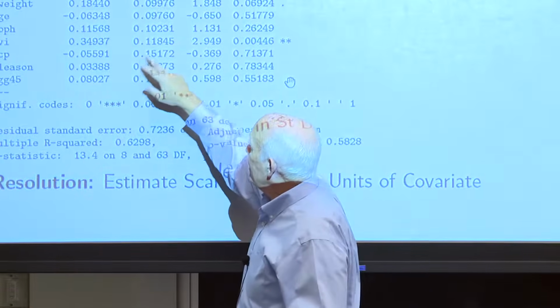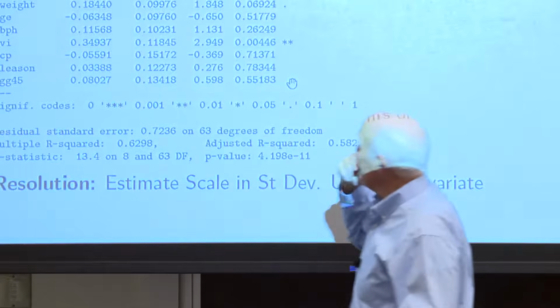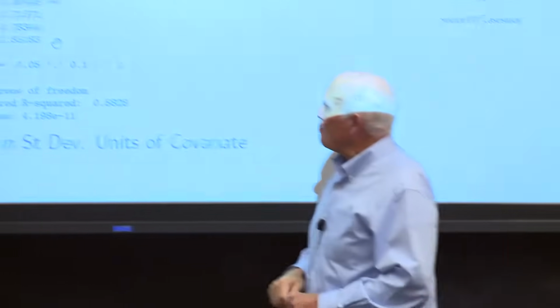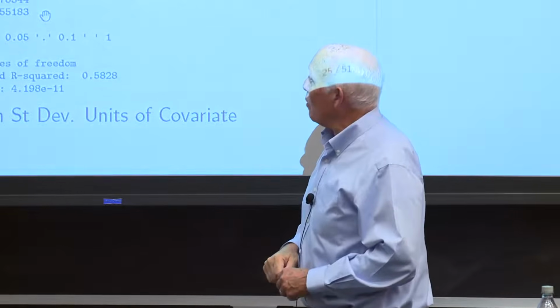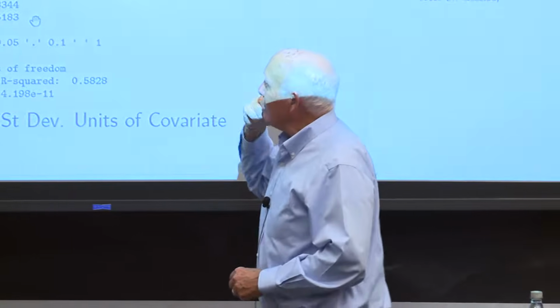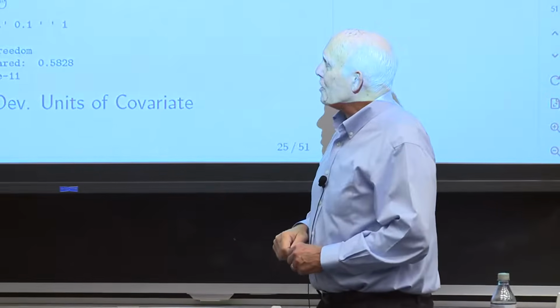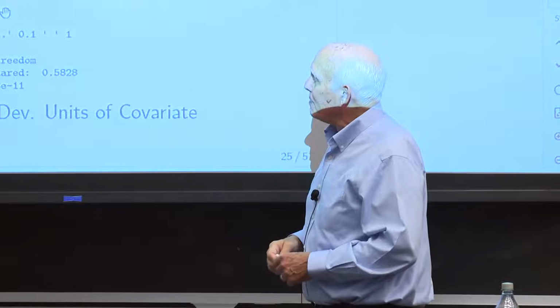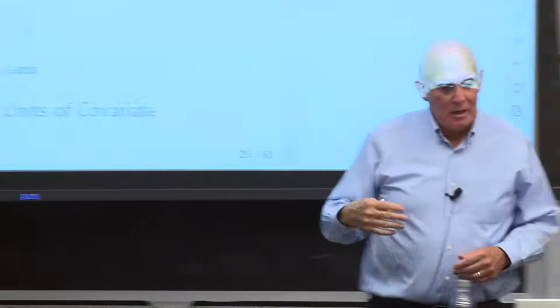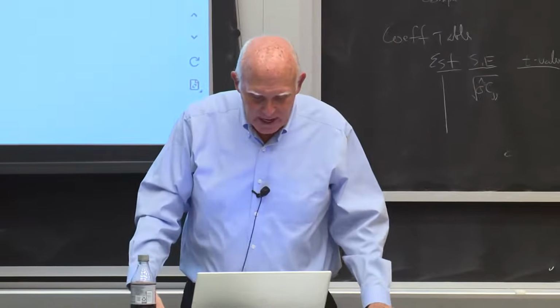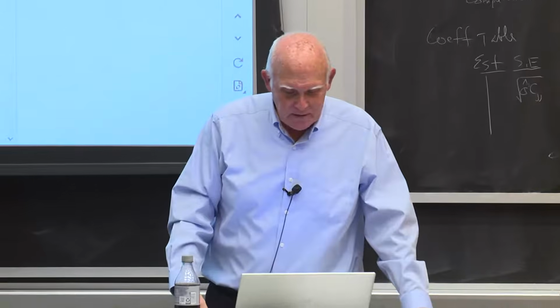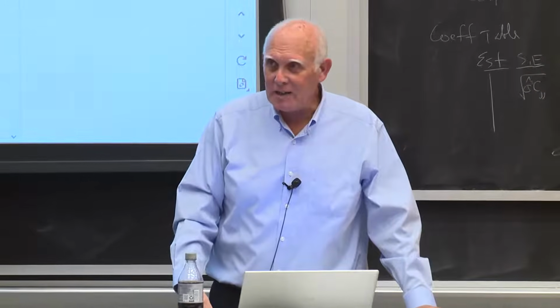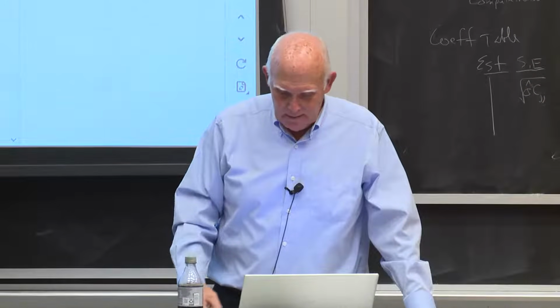If we have SVI with a z-score of 1, then it has a larger impact on the dependent variable. So standard deviation units can be a very convenient way to rescale our data.